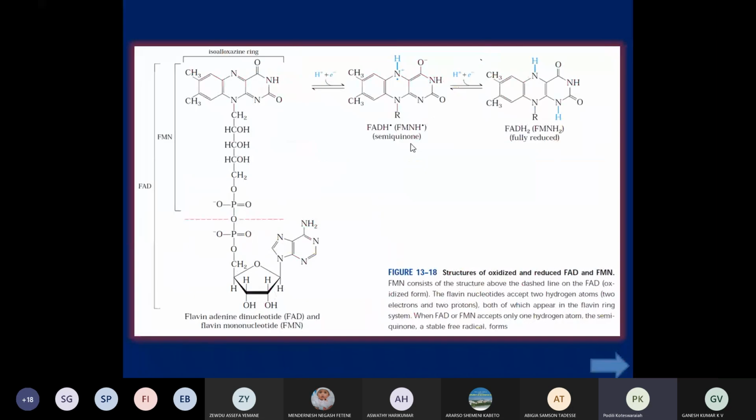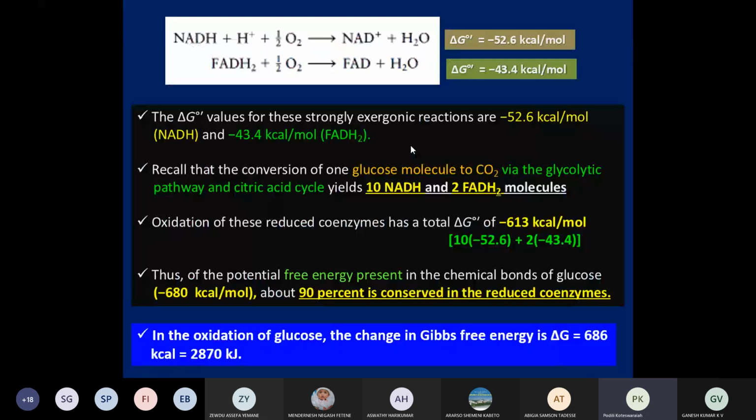Another important thing is that when NADH is oxidized, the delta G is minus 52.6 kilocalories, and for FADH2 it is minus 43.4 kilocalories.